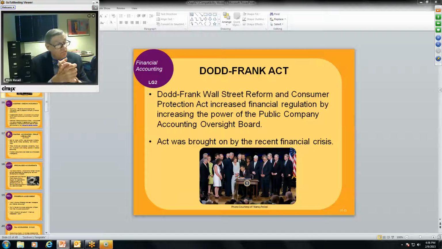What we have found is that as the economy has improved, at least at the macro level, we've had more and more institutions trying to chip away at the oversight that Dodd-Frank was designed to implement.